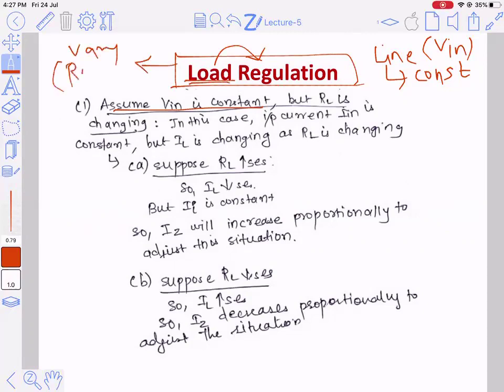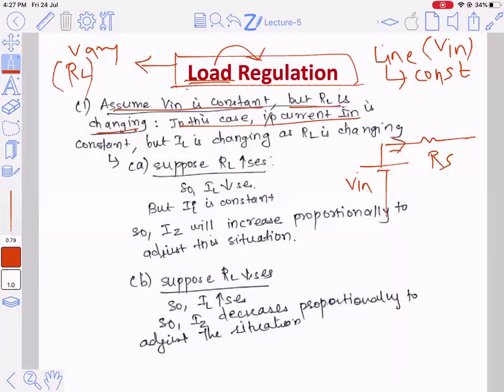Load is varying means what? RL is varying, that is, IL is varying. So in this case RL is changing. When I say Vin is constant, the current supplied by the source, Iin, is constant.